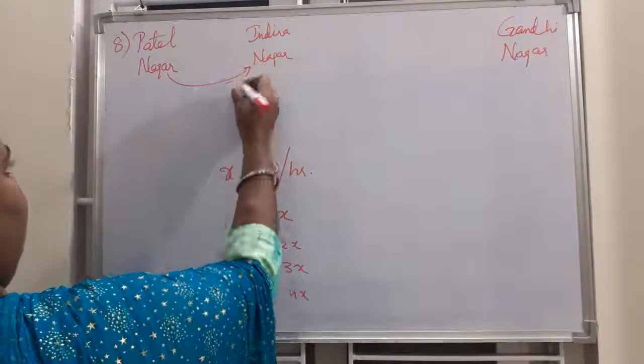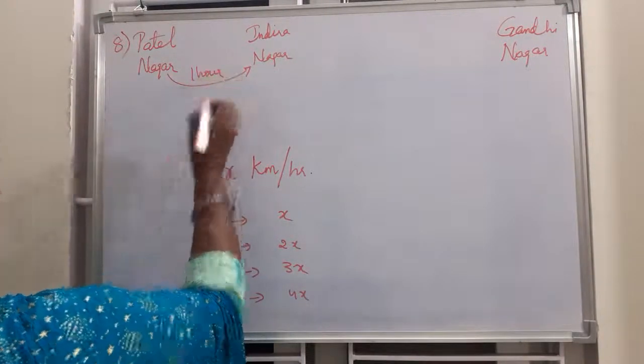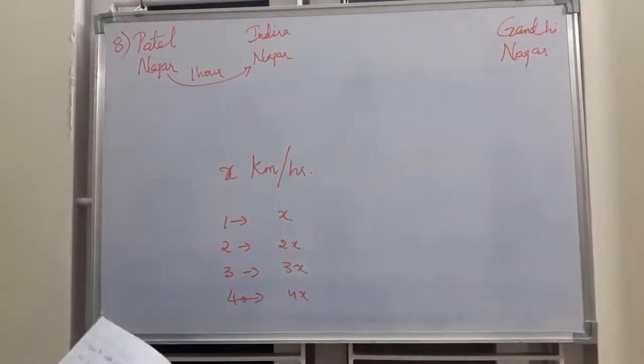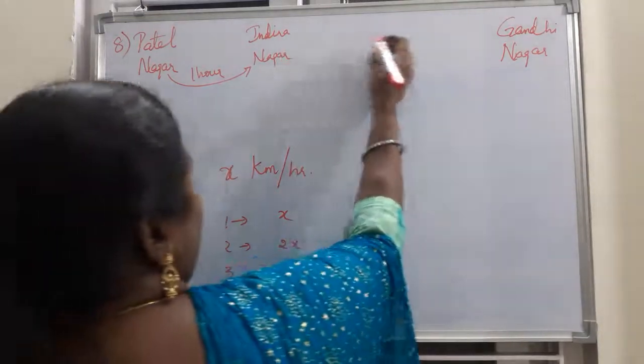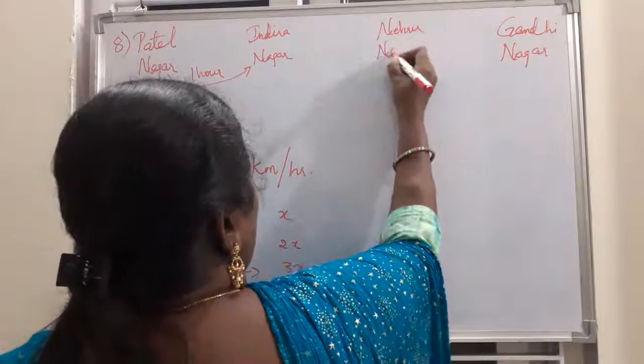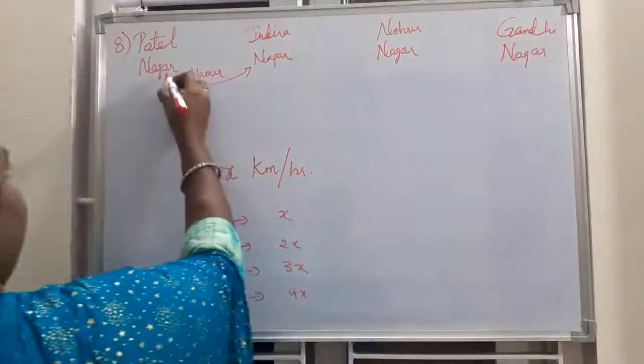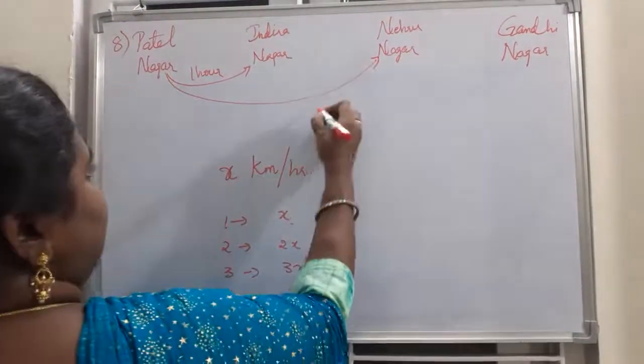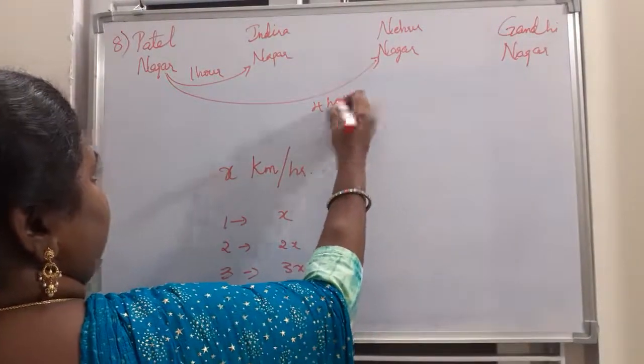From here to here, he took 1 hour. And it took 4 hours to reach Nehru Nagar. So from here to here, he is going next to Nehru Nagar, taking 4 hours.